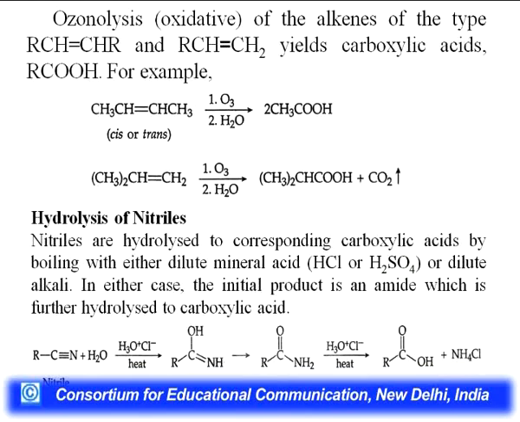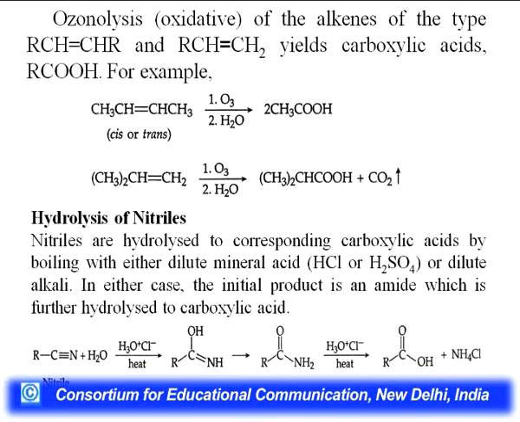Next preparation for carboxylic acid is hydrolysis of nitriles. What are nitriles? RCN, cyanide compounds. Nitriles are hydrolyzed to the corresponding carboxylic acid by boiling with either dilute mineral acid. What are mineral acids? These are the acids which are available in the lab, like HCl, like H2SO4, like HNO3.